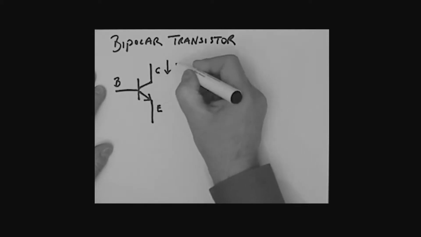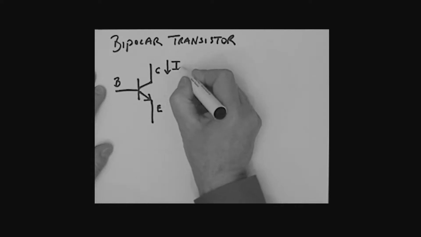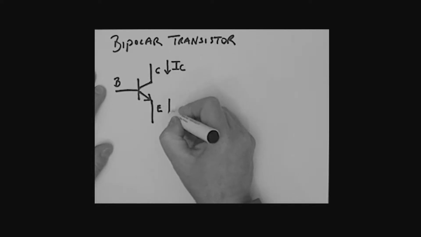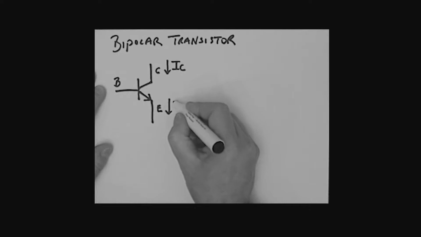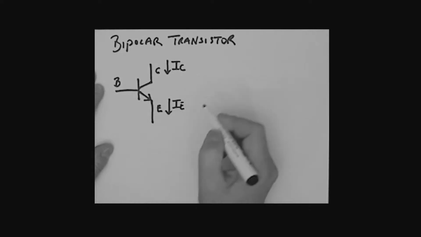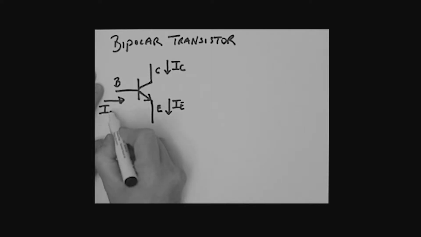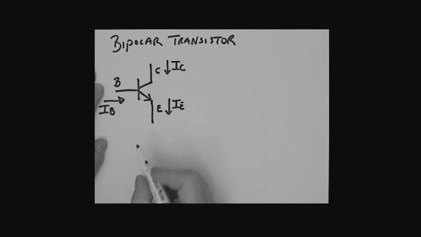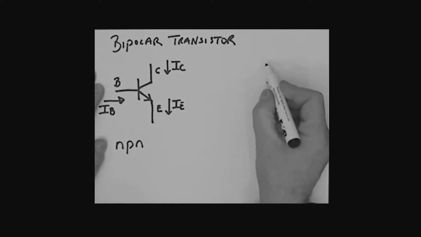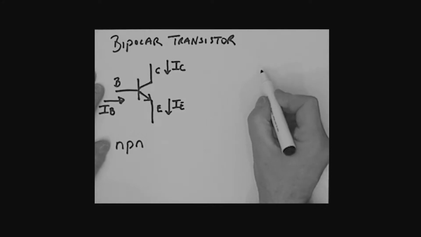Collector current flowing in this direction, we'll call that IC. Emitter current flowing in this direction, we'll call that IE. And base current flowing in this direction, we will call that IB. Okay? This is a symbol for an NPN transistor.